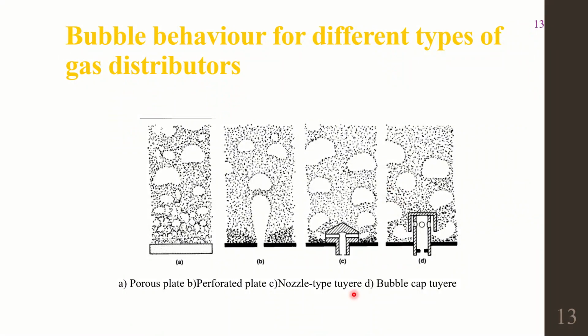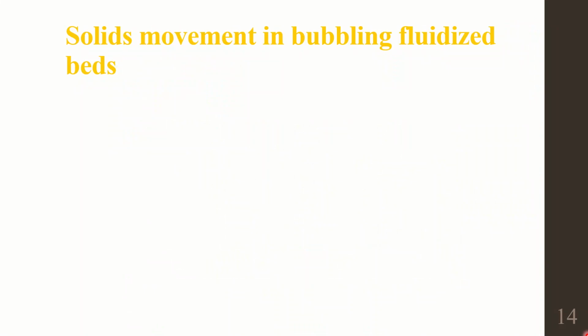So this is similar in the nozzle type and the bubble cap tuyers. So the bubble size and the bubble shape are highly influenced by the gas distributor design. So when we are designing the gas distributors, it is very essential to consider all these things also. It would be beneficial when we operate fluidized beds.